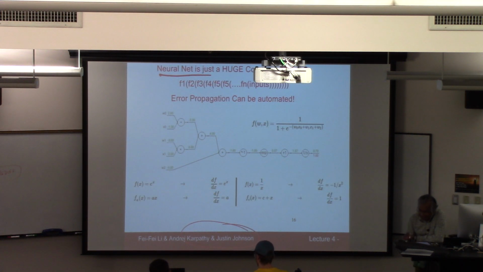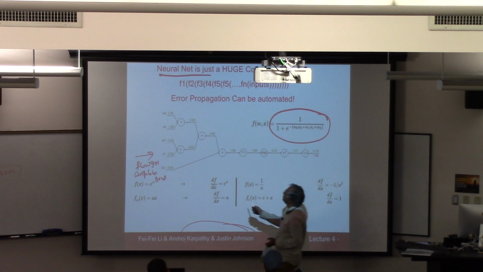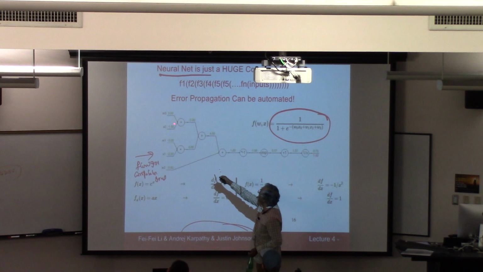So all we are saying is this function, which looks like a big function, and which looks like a small function to us, can really be written in terms of this flow graph. This is called a computational graph. So you're basically computing this function. You're starting with the weights, and then there are the inputs in green, and then the inputs and weights are being multiplied, and then you get something here, and then they're being added.